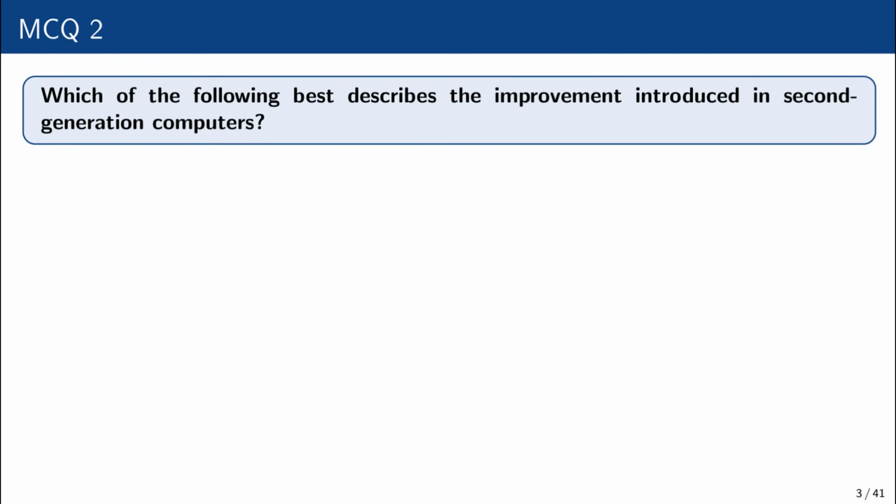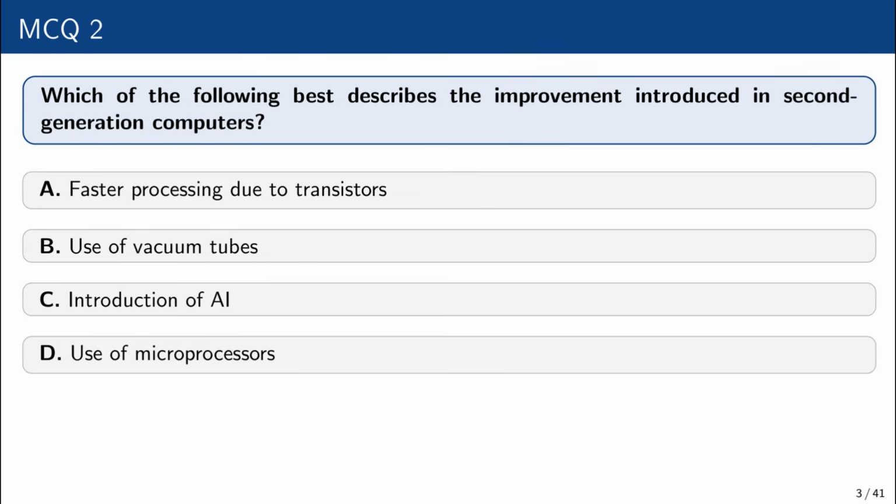Question number 2. Which of the following best describes the improvement introduced in second generation computers? Option A is faster processing due to transistors. Option B is use of vacuum tube, C is introduction of AI, and D is use of microprocessors.